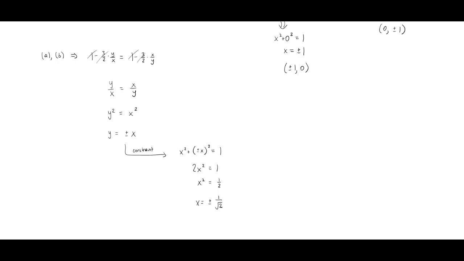Okay, so when x is positive 1 over root 2, well, here I have y could be plus or minus x. So that means y could be plus or minus 1 over root 2. And then similarly, when x is minus 1 over root 2, I get y could be plus or minus. So that means this time I will consider all possible combinations of them.